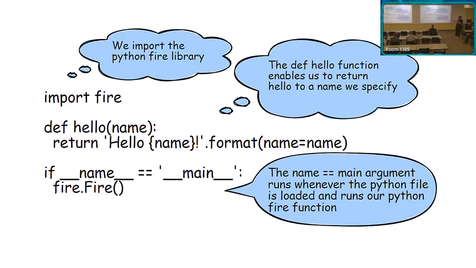This will create the entire command line application just based off anything we define as functions, which means anything that's a function in our application or even pre-existing Python files, we can add this library and turn any of these functions into a command line function we can take advantage of.